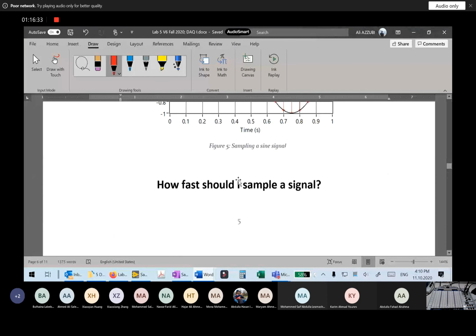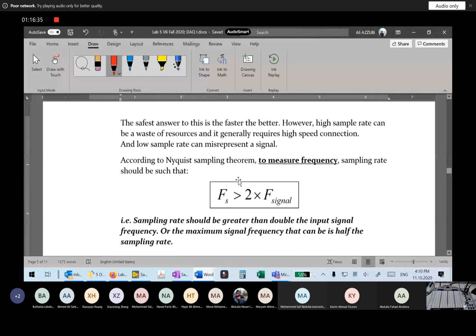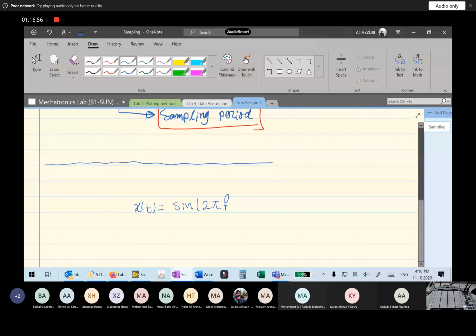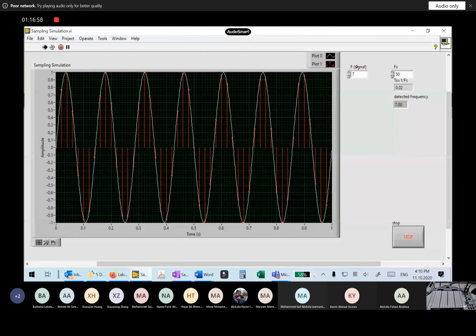All right. Now, I'll explain to you theoretically. I have x of t equals sine 2 pi times f of my signal, f signal here, times t.